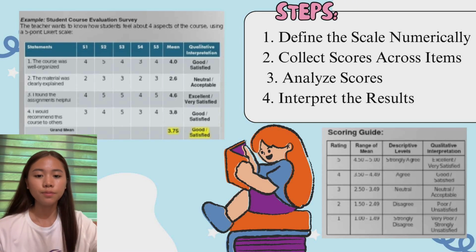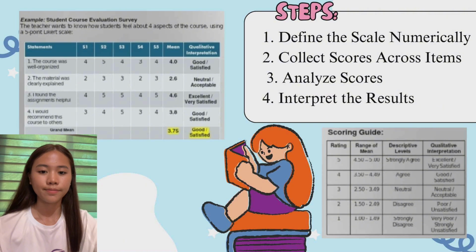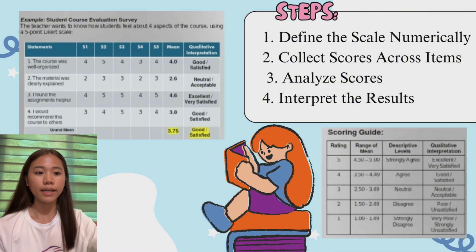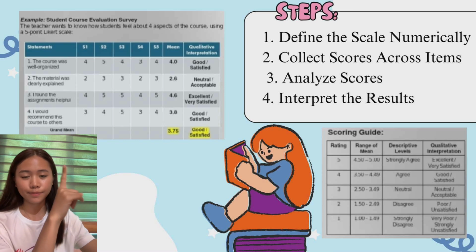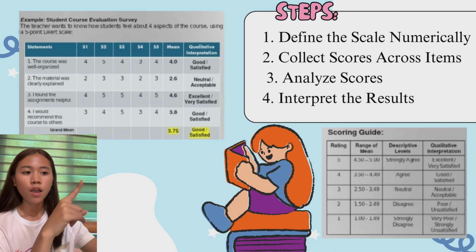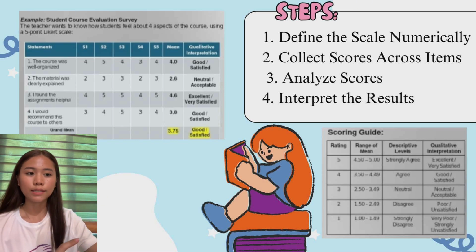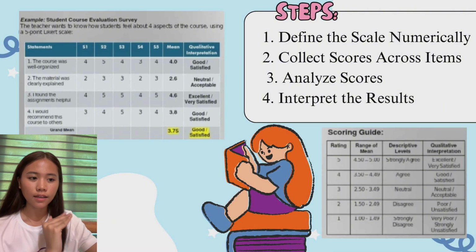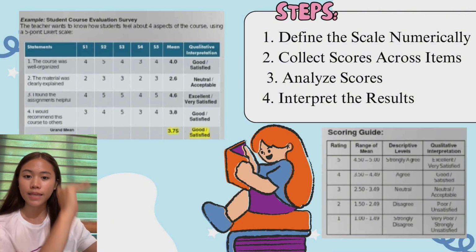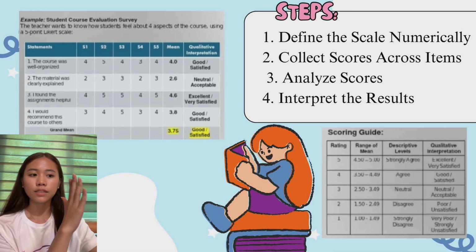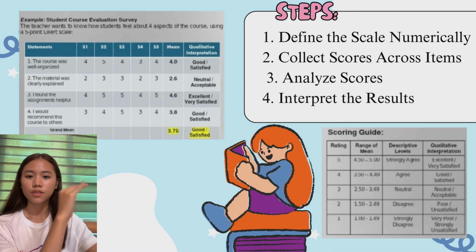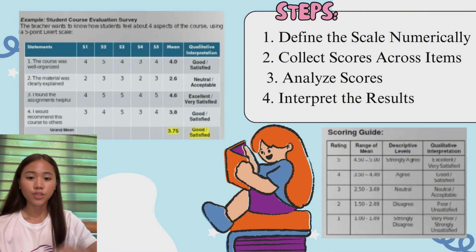So for the scoring guide, the rating would be like as you can see here, 5 4 3 2 1, from lowest to the highest numbers of the range of mean. If you quantify using descriptive levels, it's gonna be strongly agree, agree, neutral, disagree, and strongly disagree.